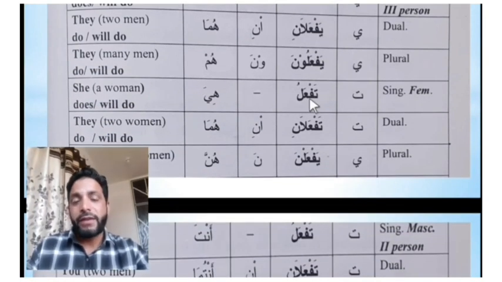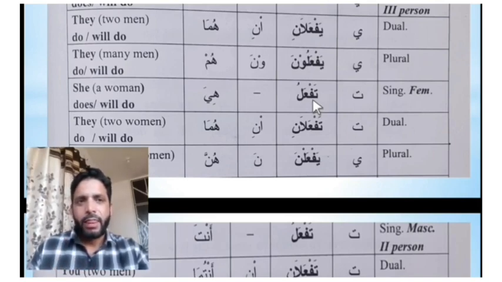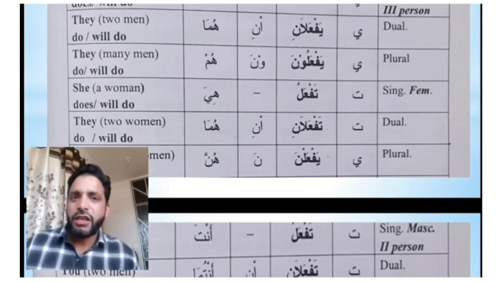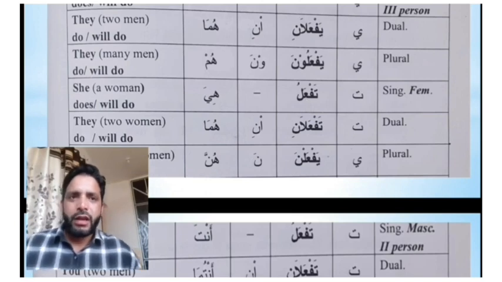Then we have taf'alu. Taf'alu is used for al-mufrad, al-mu'annas, al-ghaib, third person, feminine, singular. Taf'alu means she does or will do.